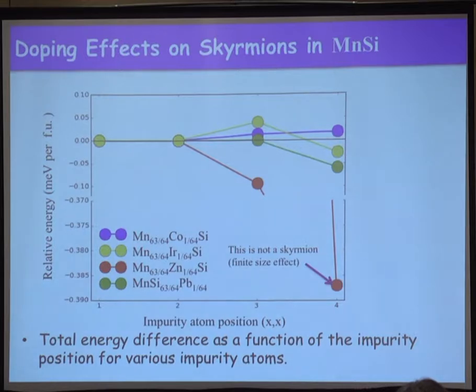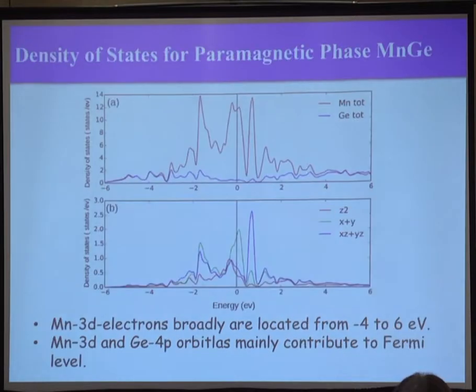So that suggests that there is a very strong pinning effect for zinc substituted for manganese. And the reason, we looked into carefully, is that in the 3D electron system, the calculation shows that for the zinc atom, the 3D electron is almost fully occupied. So that makes your zinc atom non-magnetic, which will destroy your magnetic moment significantly.